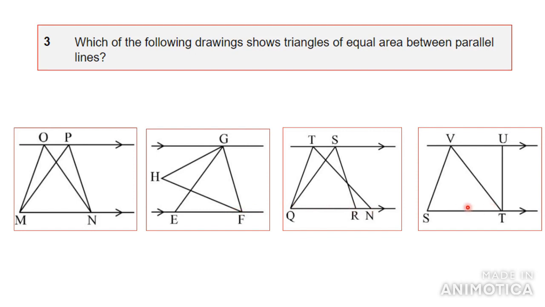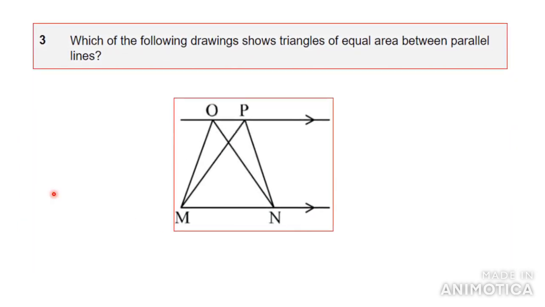The base of the triangles for this one, EF, is not the same length as HF. QR is not the same length as QN, and ST only has one base. So basically what you need to look at is that the base of the triangle needs to be the same length, and no matter where the apex of both triangles are, when you add them up, the area would be the same. So the answer would be A.